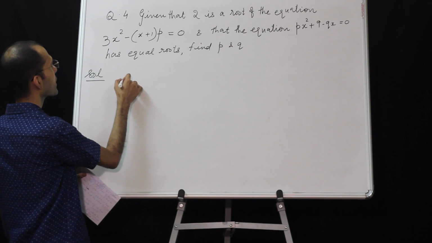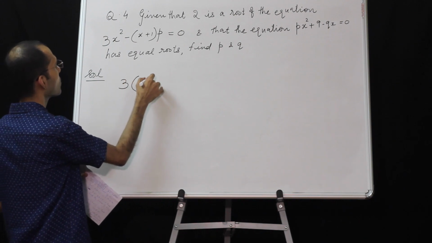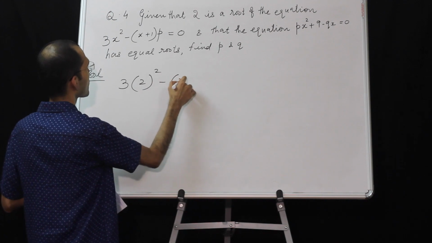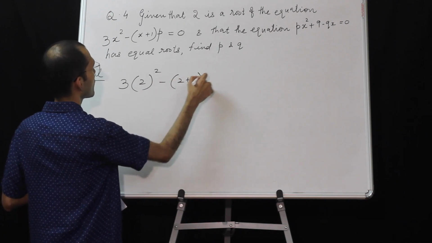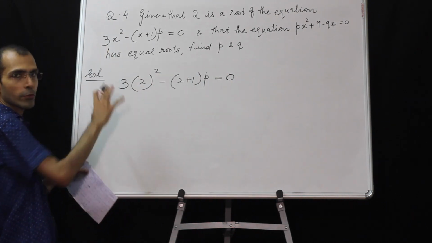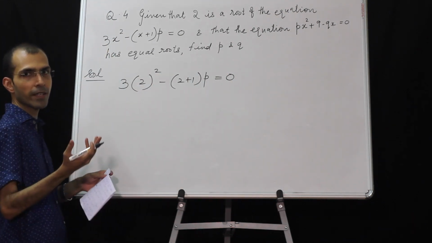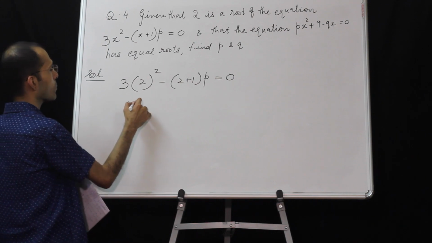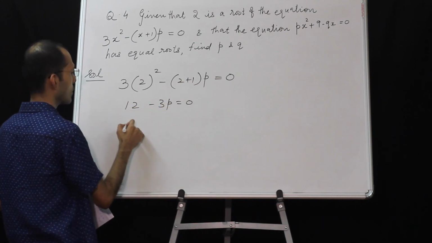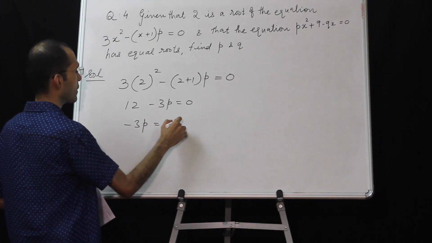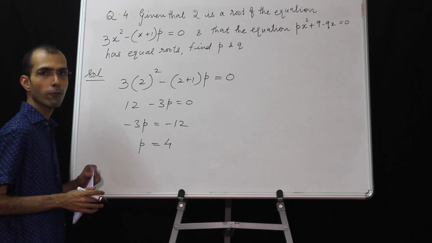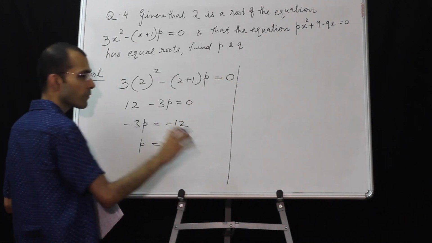So we will substitute 3 into 2 square minus 2 plus 1 into p equaling 0. After substitution, it will definitely satisfy the equation. So 12 minus 3p is 0, minus 3p will be minus 12, p would be 4.